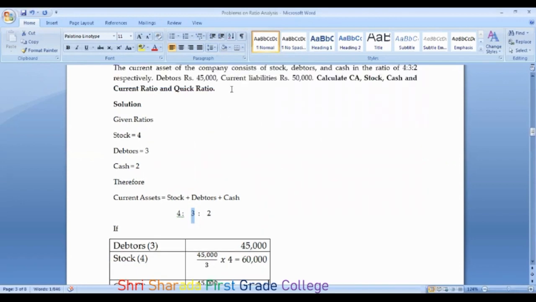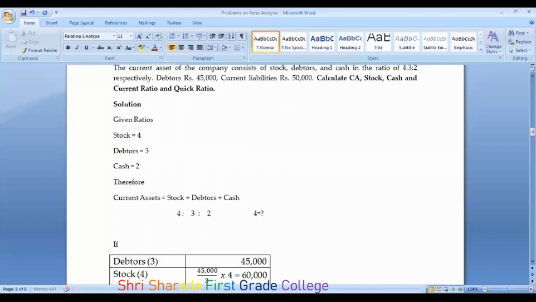Okay. Which means you know only the ratio for the stock, that is 4. I'll do it here, see. There is a stock, you don't know. You have to find it out.